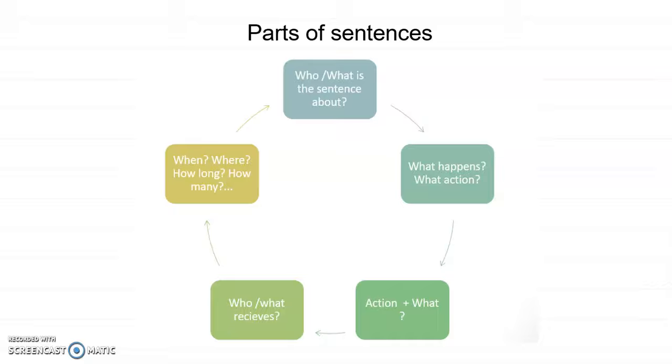If they are asking for the receiver of the direct object, then they are asking for the indirect object. So, who received the flowers, or who did she give the flowers to, is the indirect object. Finally, when they ask when, where, how long, how many, with who, they are asking for complements. As you can see, usually these are answered with prepositional phrases.